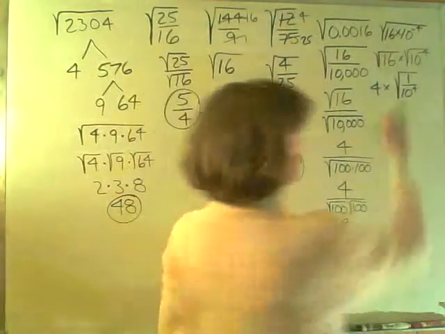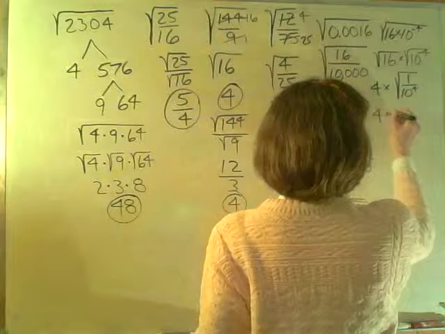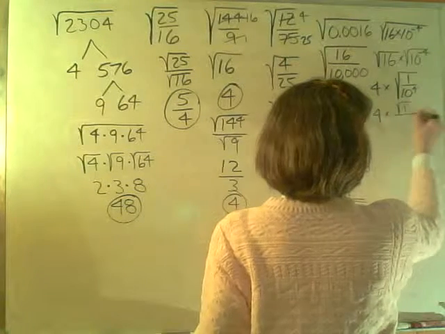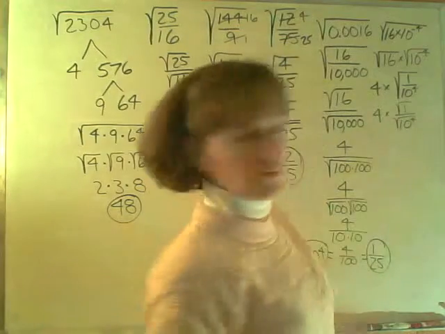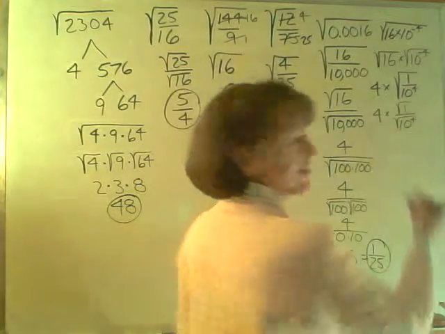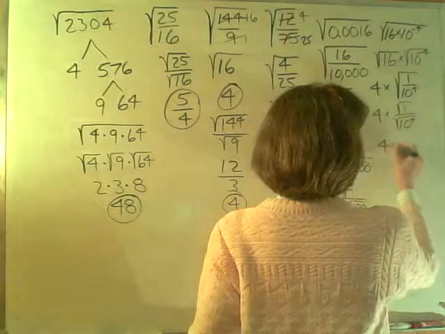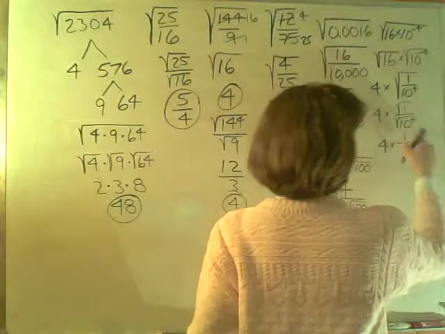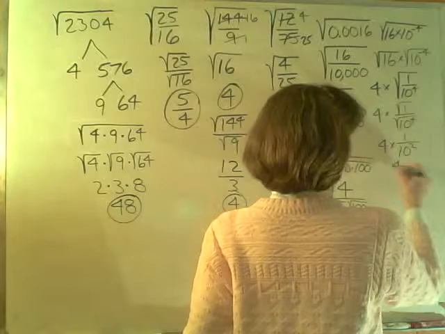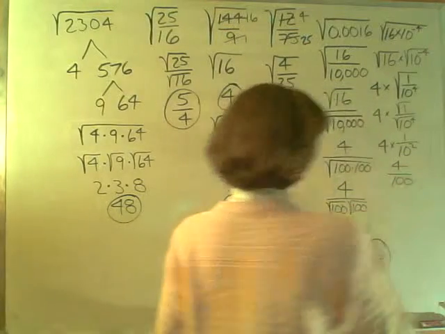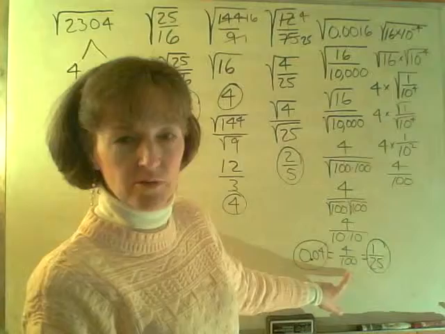And then that becomes 4 times the square root of 1 over the square root of 10 to the 4. Now, don't forget that you know the square root of 1. It's 1. All right? So this becomes 4 times 1 over, and then that, of course, is going to be 10 squared. So really this is 4 over 100, and we're back down to this answer that we got right here.